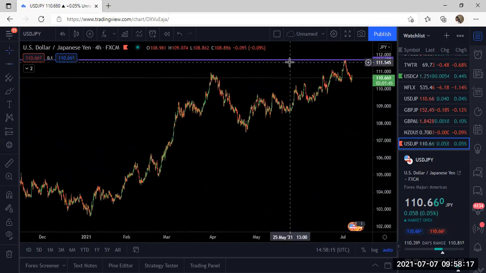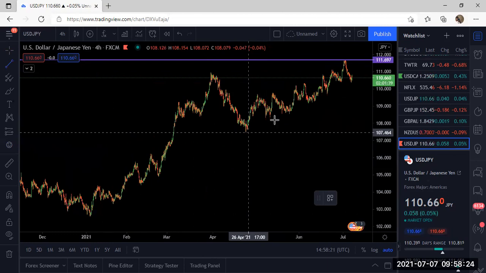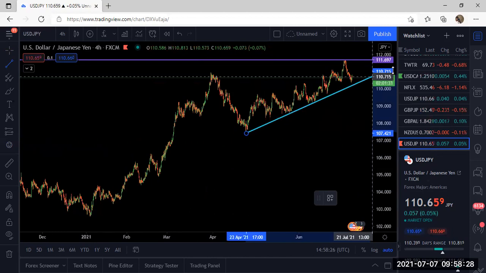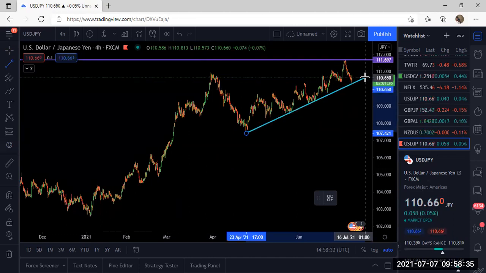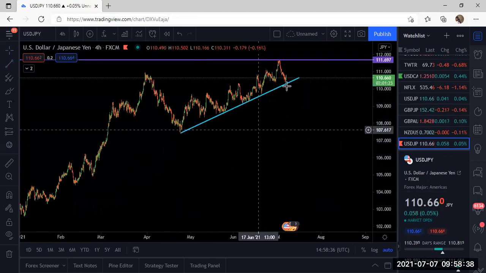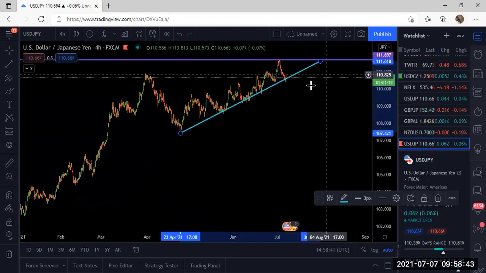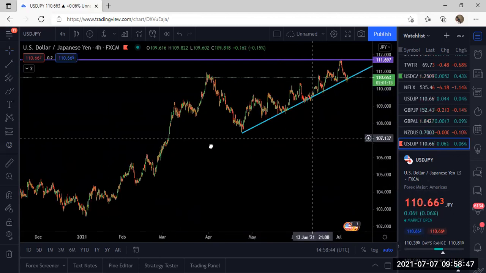After I mark my all-time high, I'll grab a trend line and I'll place a trend line. Basically like this. I'll grab my trend line, place my trend line. Okay. Now, bam. This is how I basically do it, okay?